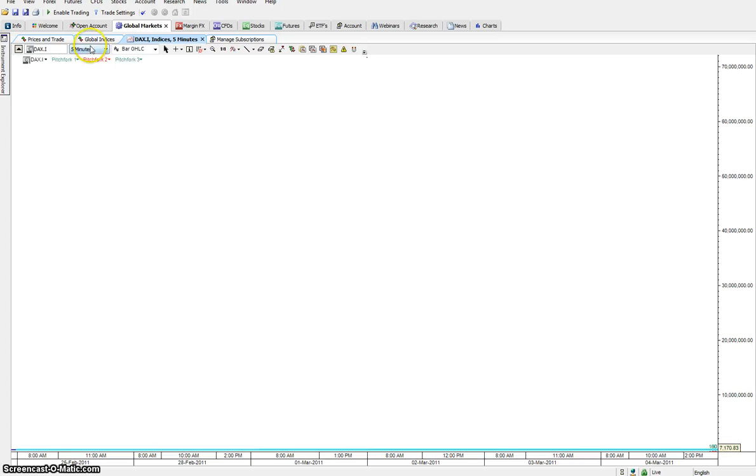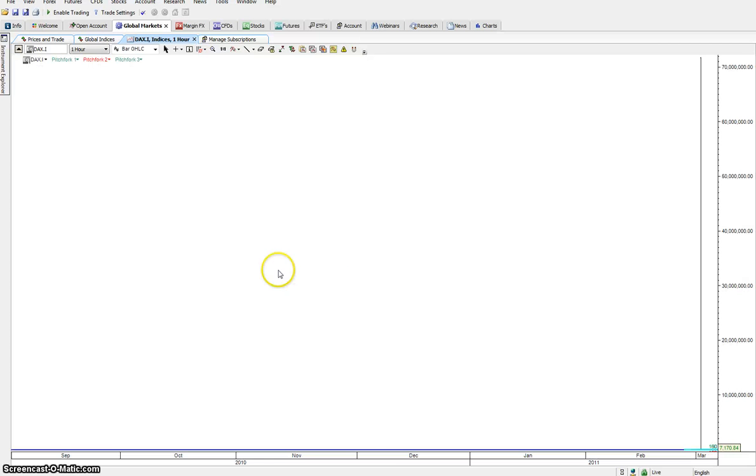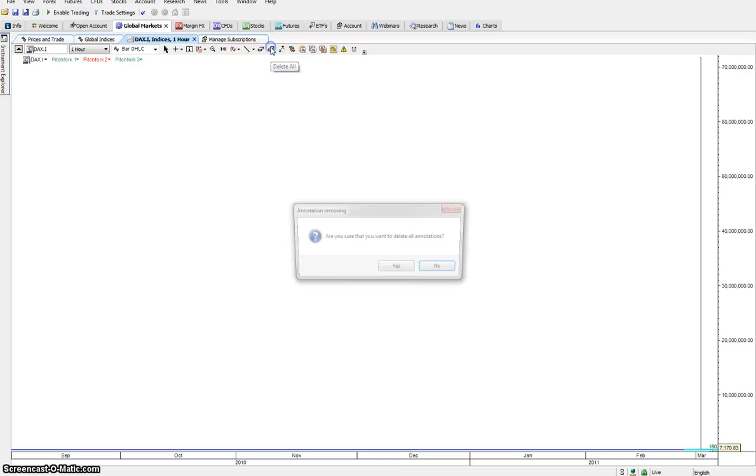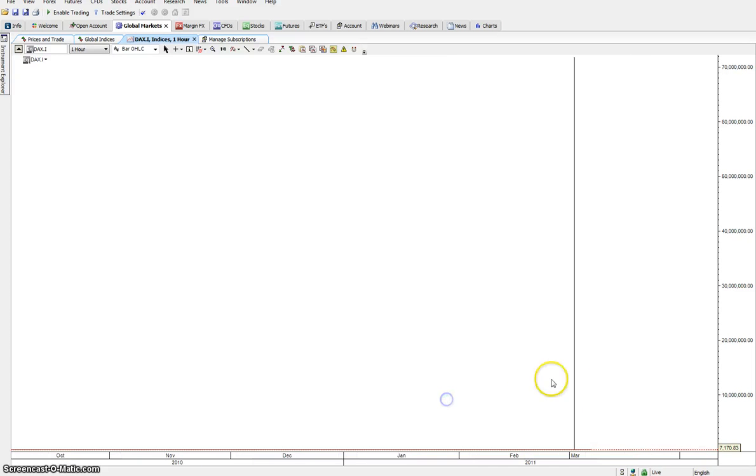I have to wait for the 5 minute to load before I can change time frames. It's not looking like it's doing terribly well. I don't know what's going on, but the DAX is not up at 10,000 yet.